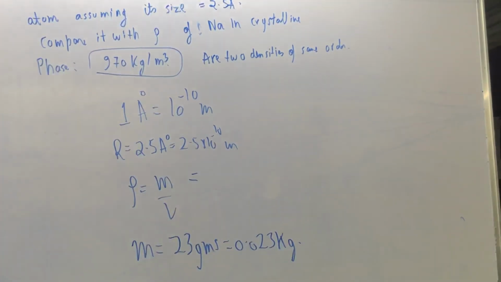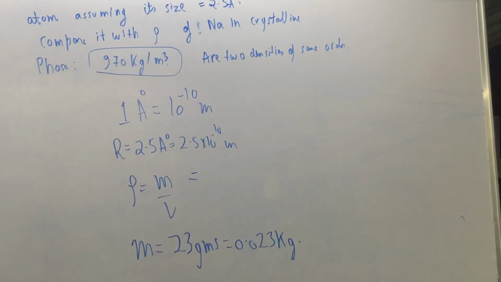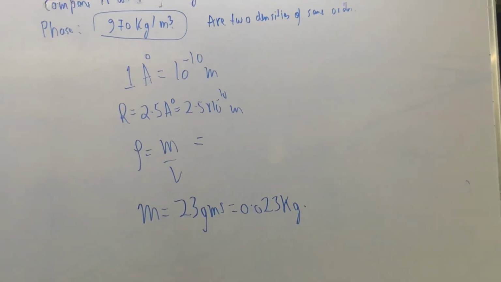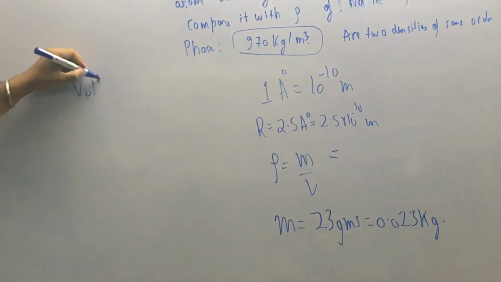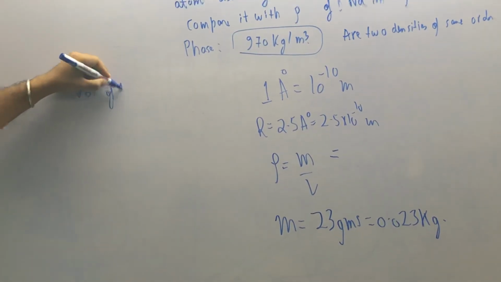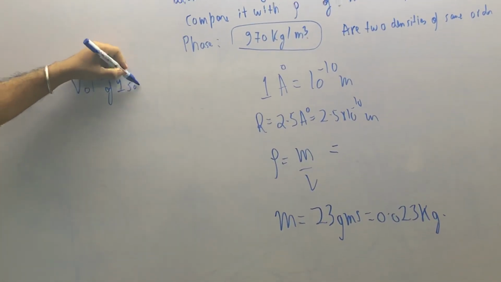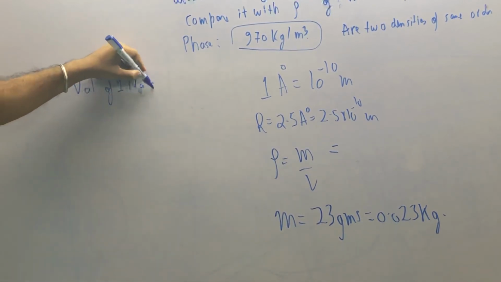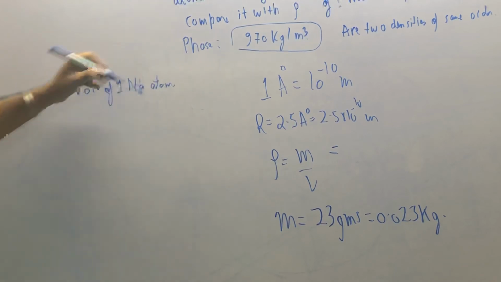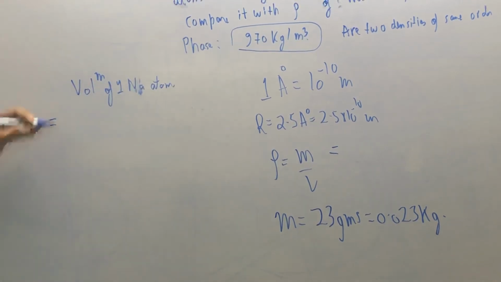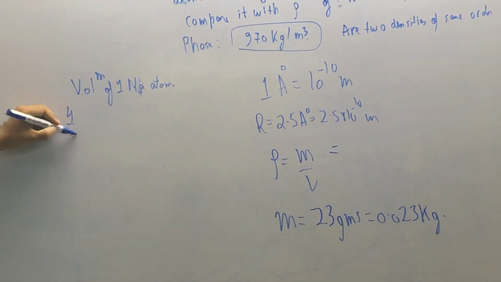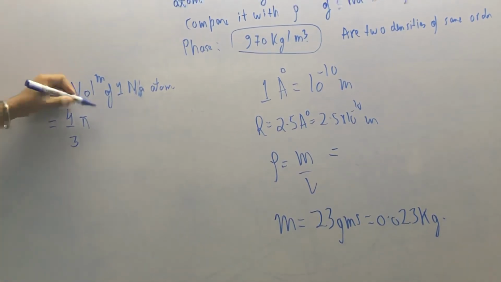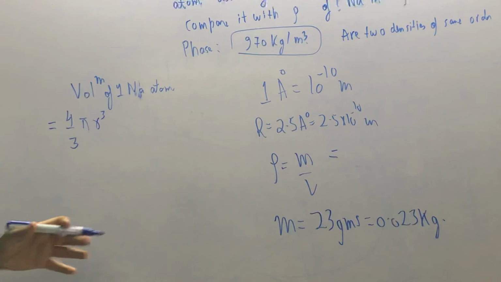What will be the volume of 1 mole of sodium atoms? First of all, what is the volume of one sodium atom? Just assume it to be a sphere.